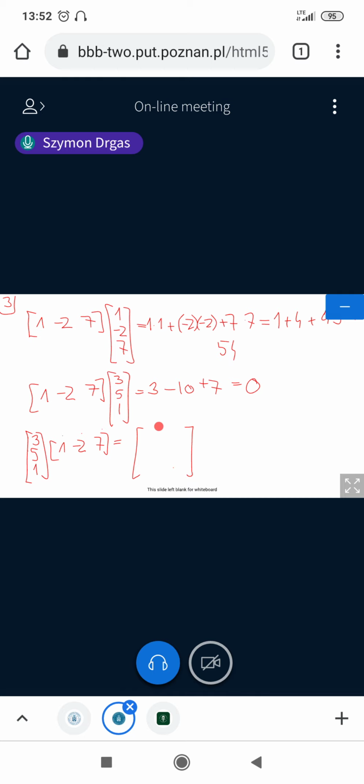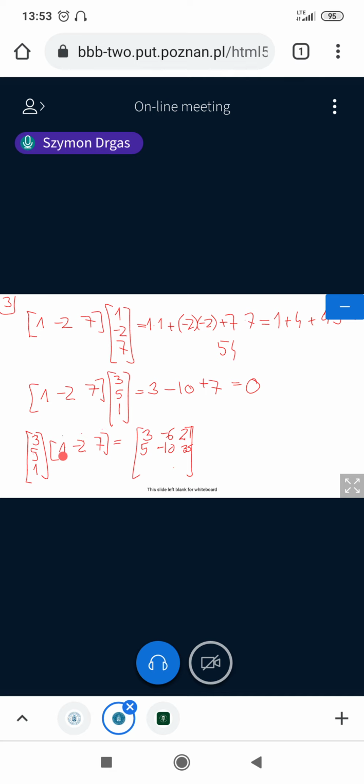So the first entry will be 3 times 1 is 3. Then we multiply 3 times negative 2, so it will be minus 6, and 3 times 7, which is 21. And we have 5 times 1, 5 times negative 2, which is minus 10, and 5 times 7, which is 35.